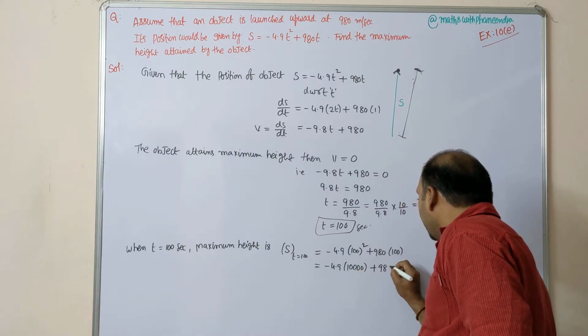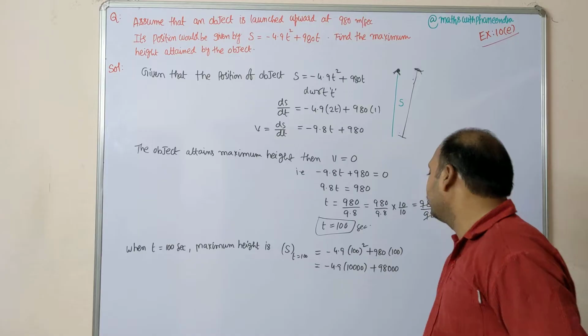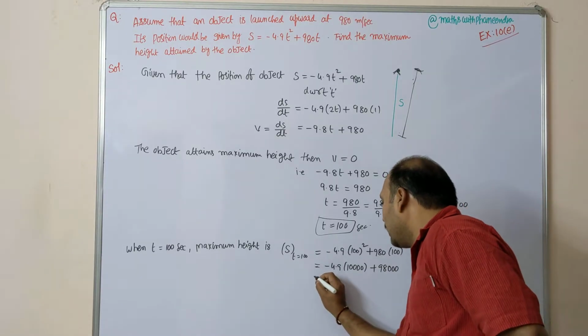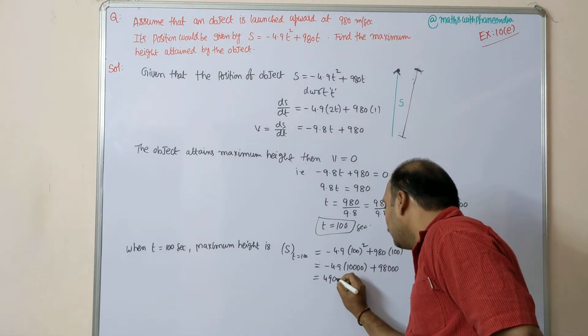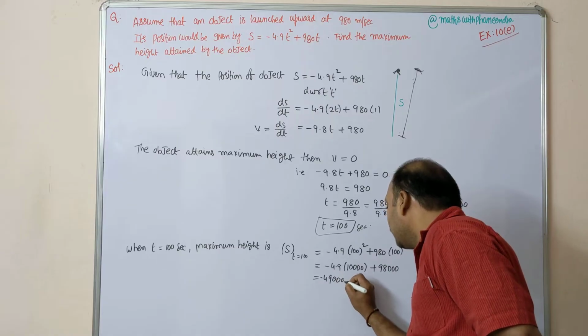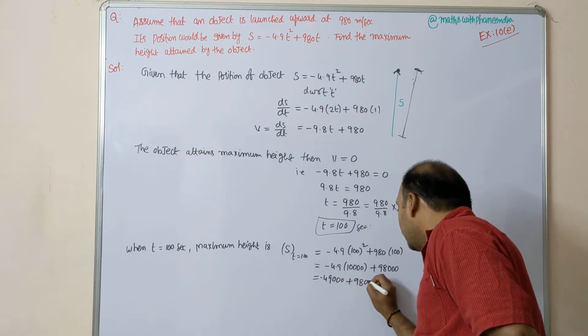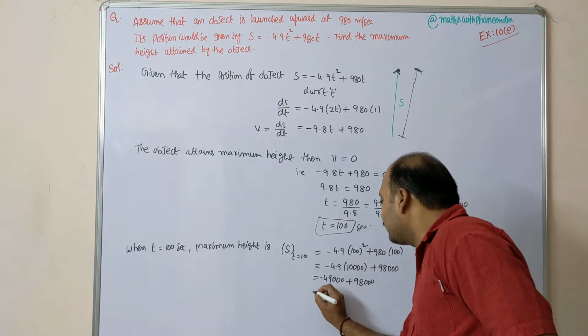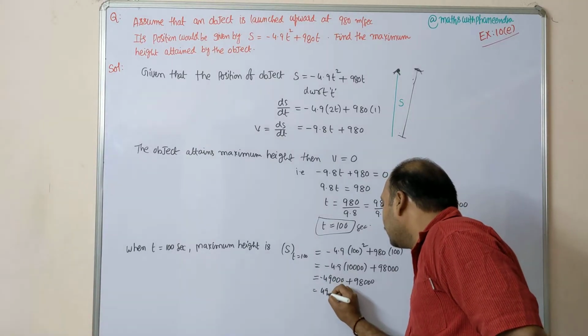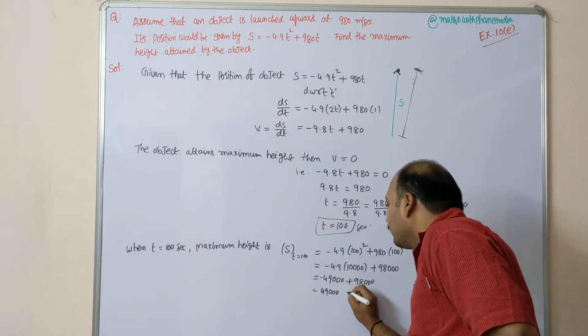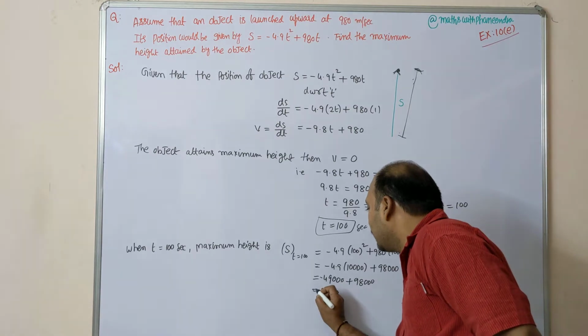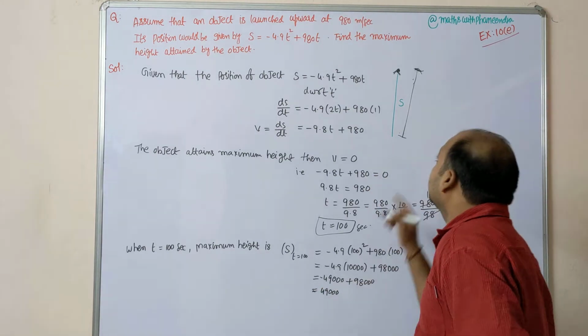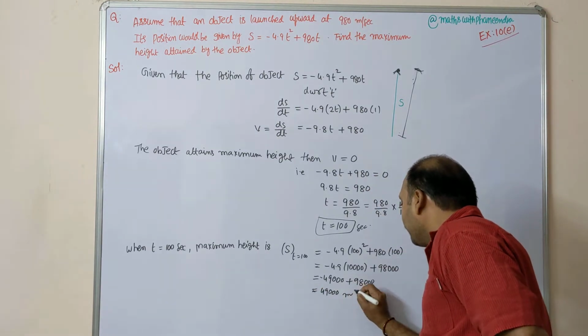plus 98,000. Even this will come to 49,000. That is minus 49,000 plus 98,000. 98,000 minus 49,000 is 49,000. This is a displacement, so meters, centimeters, meters will come.